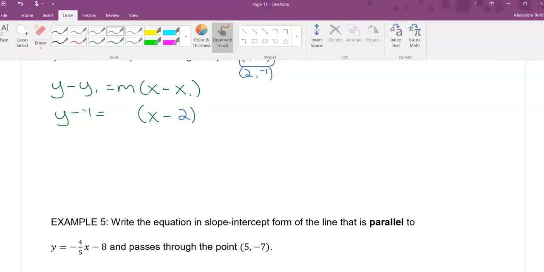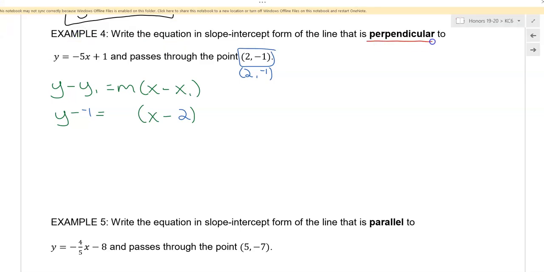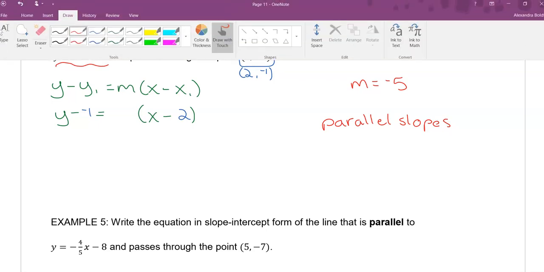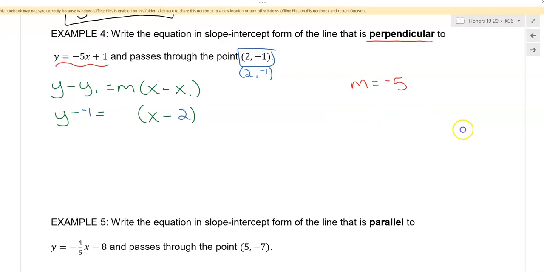Again, I'm going to get my slope from the line it's perpendicular to, y equals negative 5x plus 1. So the slope of that line is negative 5. For a parallel, nope, this is perpendicular. Sorry. Again, for perpendicular, your slope times your slope equals negative 1.